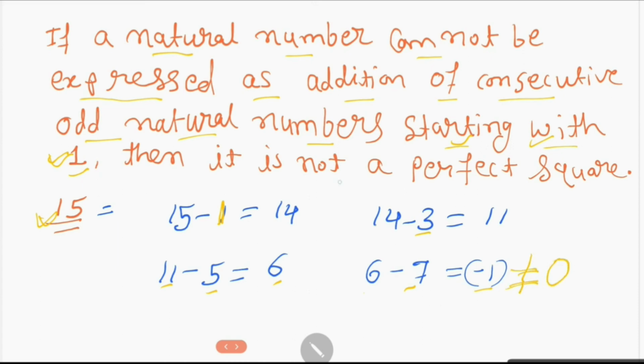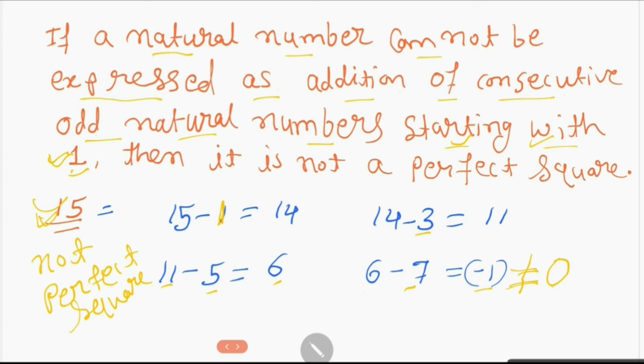So this is the conclusion: if a natural number cannot be expressed as addition of consecutive odd numbers starting with 1, we do not get 0, then these are not perfect squares.